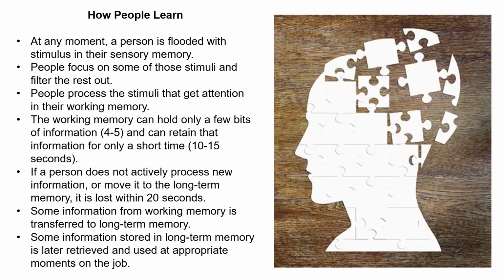They say that at any moment, a person is flooded with stimulus in their sensory memory. People focus on some of those stimuli and filter out the rest. Remember a minute ago I said, don't filter out what you don't know, filter out what I've said that you already do know, or look to disprove that, right? Try changing what your filter is for today's class.